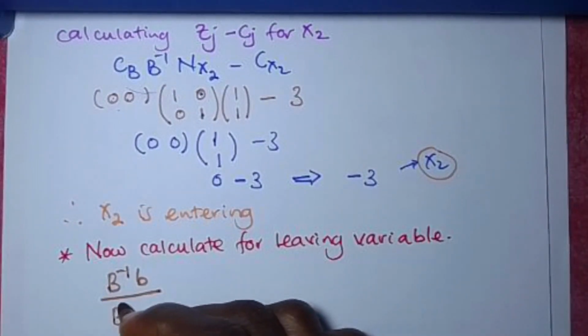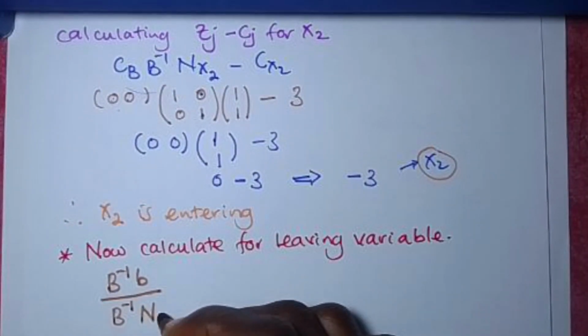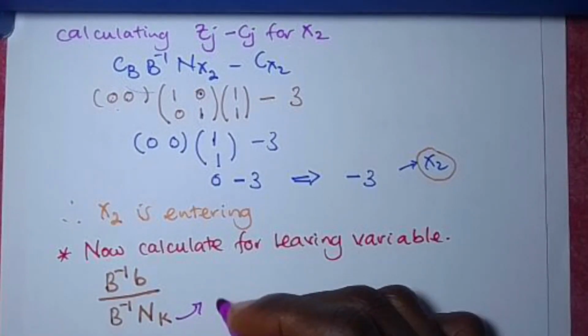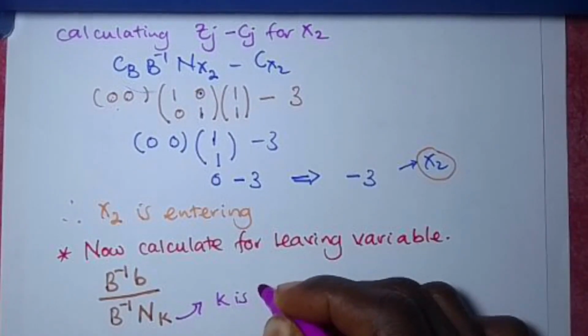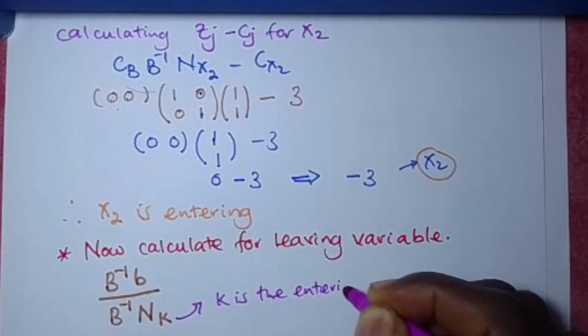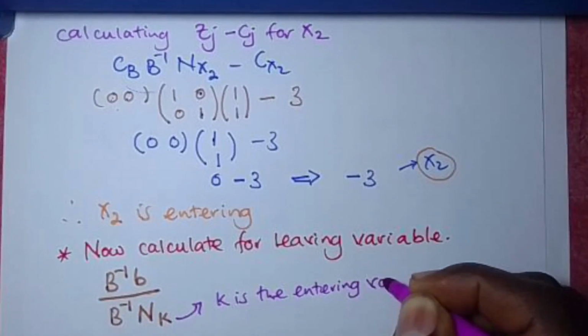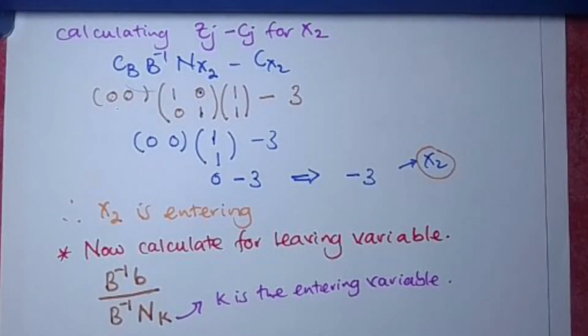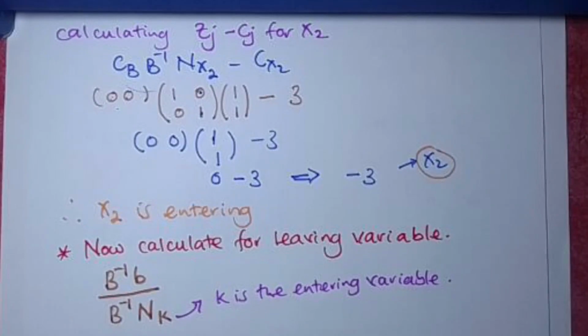B inverse times NK. Now here, this K here is the entering variable. So this K here is representing the entering variable.